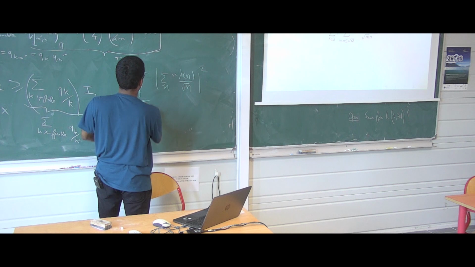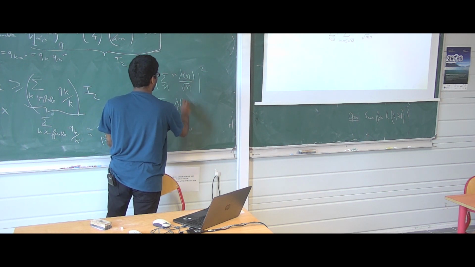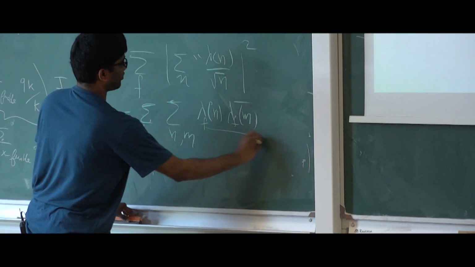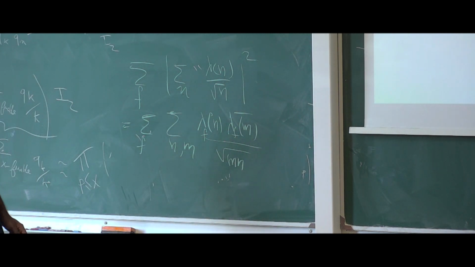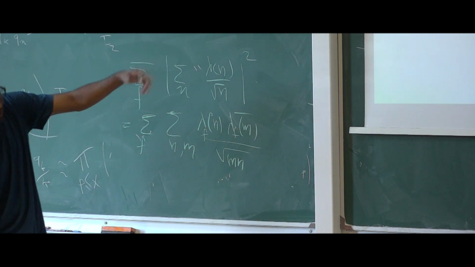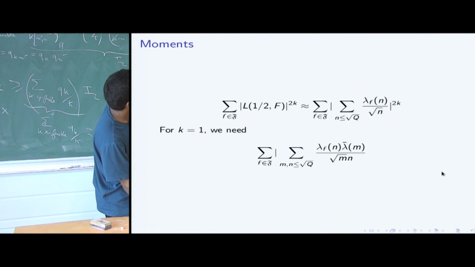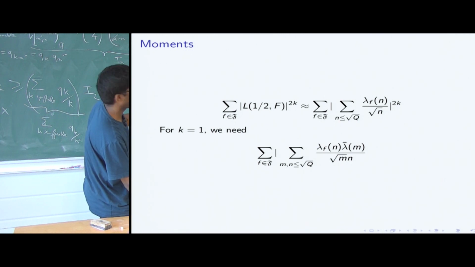This basically is the sum over f, sum over n, sum over m of lambda_f(n) times lambda_f(m) conjugate, over square root of n m. So at least for the second moment, you have an expression like this, summing over the family. So now you have a sum over f. How do you execute such a sum over f?